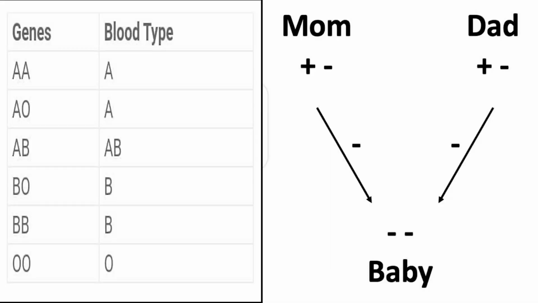Now, the mother probably had the AO blood group. From our explanation of some minutes ago, the mother had an AO blood group and a positive and negative rhesus factor, while the father had an OO blood group and a positive and negative rhesus factor.